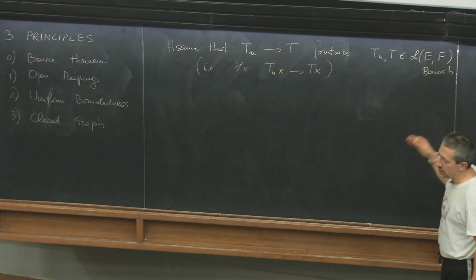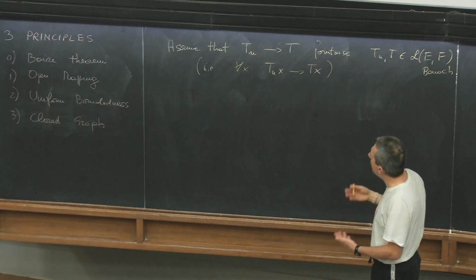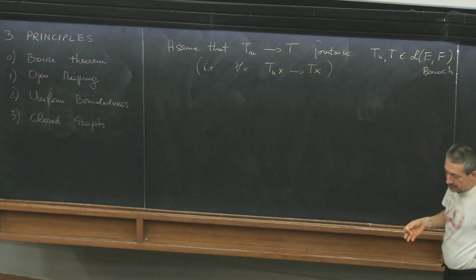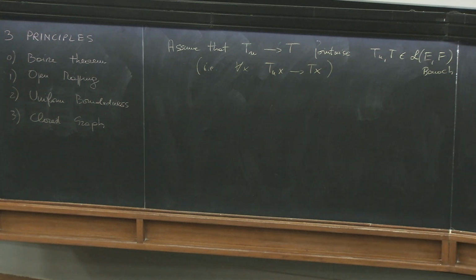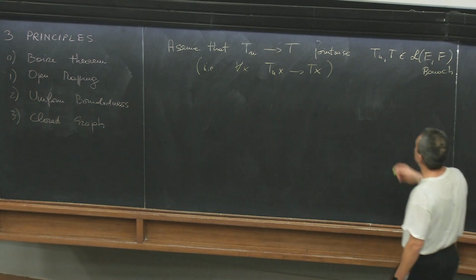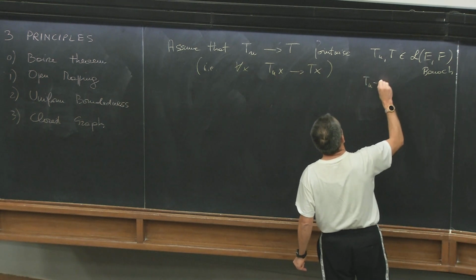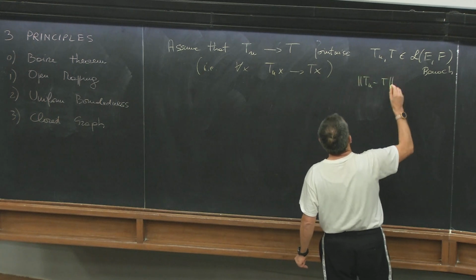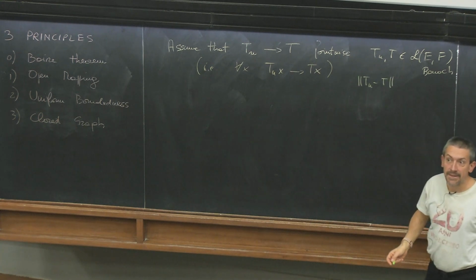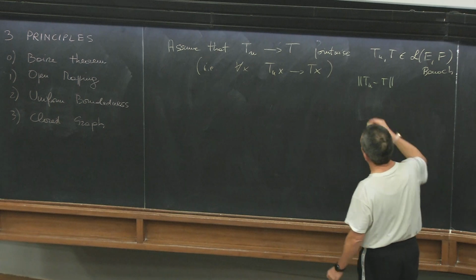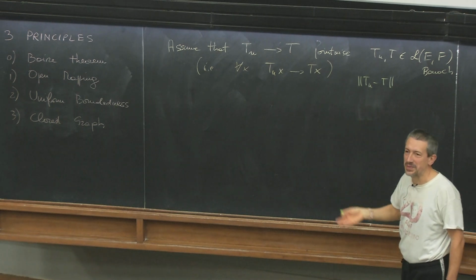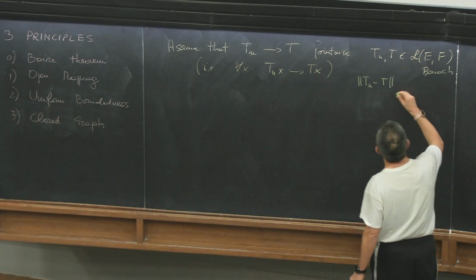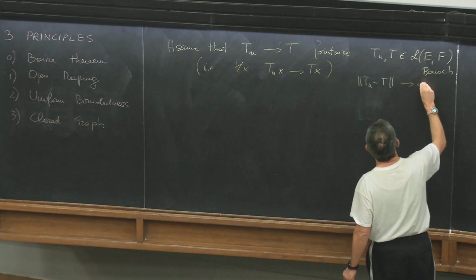Okay, just to review this stuff, there are various topologies you can put on the space of linear bounded functionals. So you can require, for example, that they converge uniformly, meaning the norm of Tn minus T goes to 0. Then we have this one, pointwise convergence. It's called strong. I prefer pointwise but they call it strong.